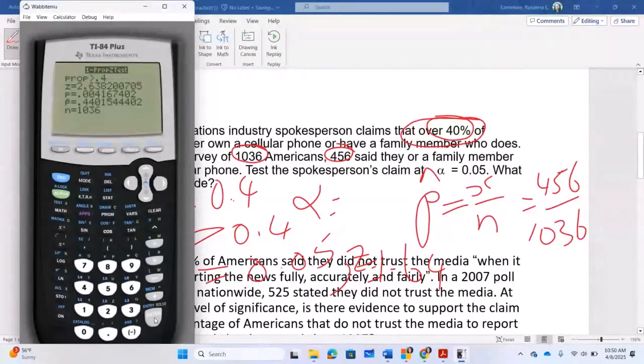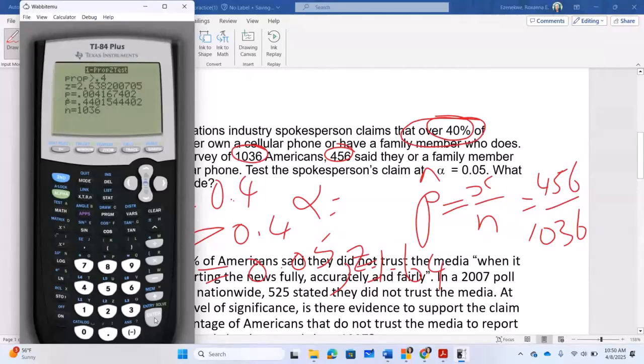The status quo is not true, it's not working. So now it's time to make a decision. Because p-value is less than alpha, I'll reject the null. Also, the test statistic falls into the rejection region on the right.